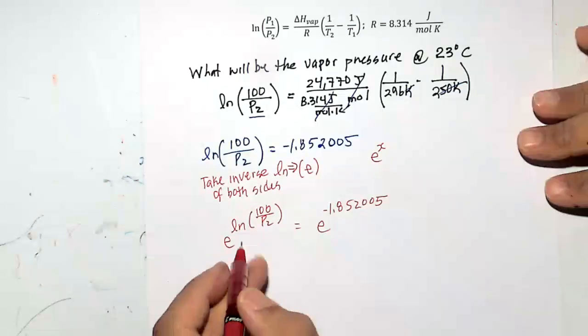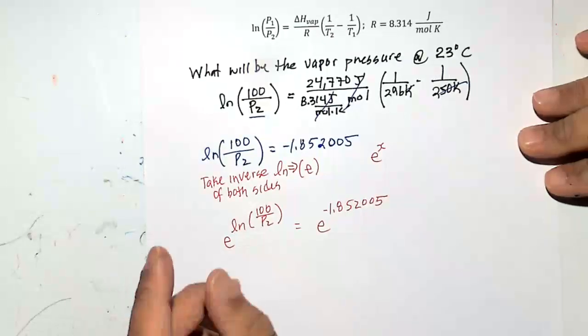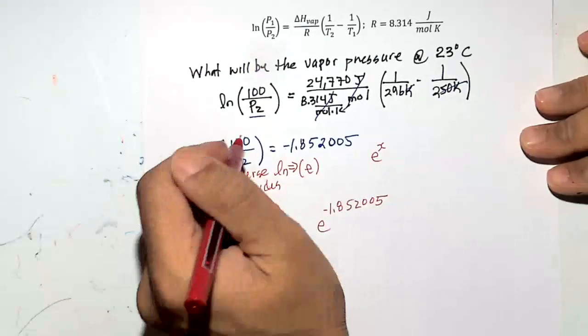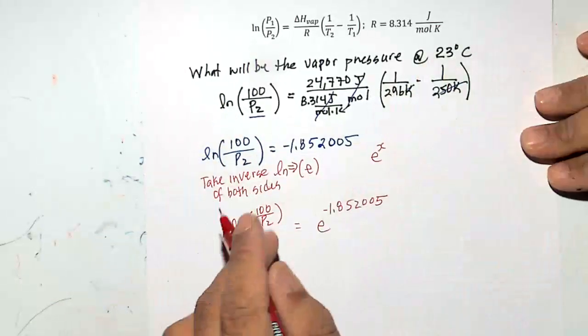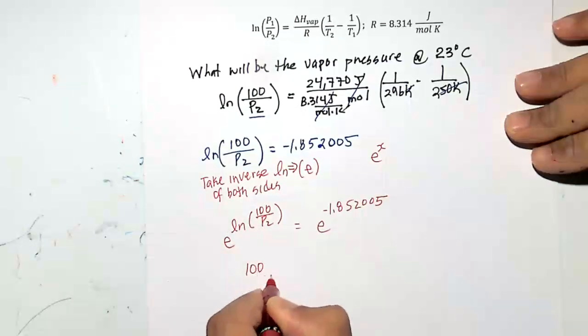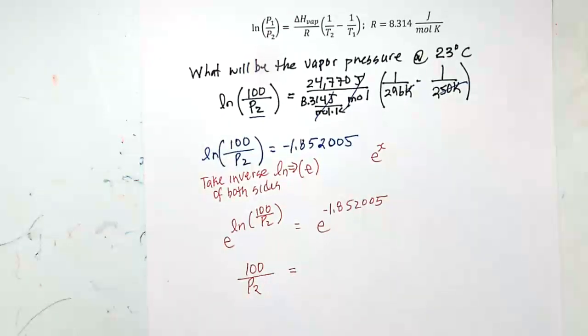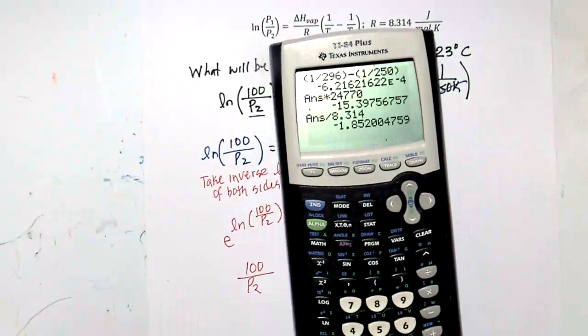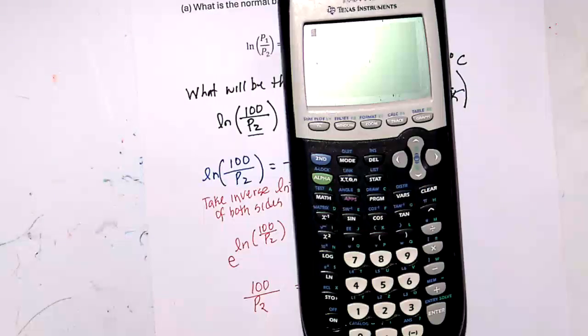It's a way to get it out of the natural log. You pop it out of the bracket. Remember, no units inside the natural log or log. You take the e, because they're inverses of each other. So this pops it out, and e to the power of minus 1.85 we will do on our calculator. Where is this natural log button? It depends on what calculator you have. Every calculator will be different.